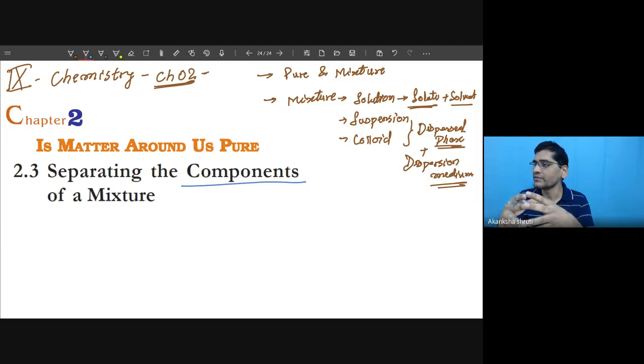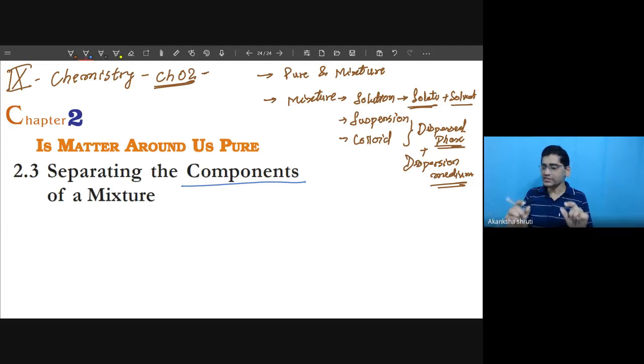We have learned that in a mixture there are broadly two components. Either it could be solute and solvent, or it could be dispersed phase and dispersion medium. So at least these two components have to be separated, and that we have learned.